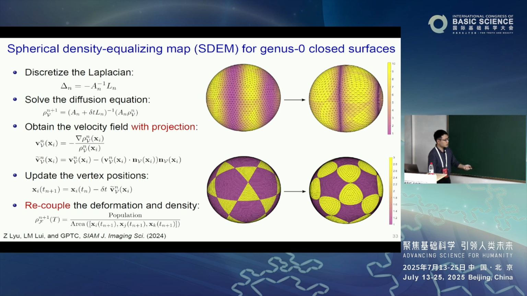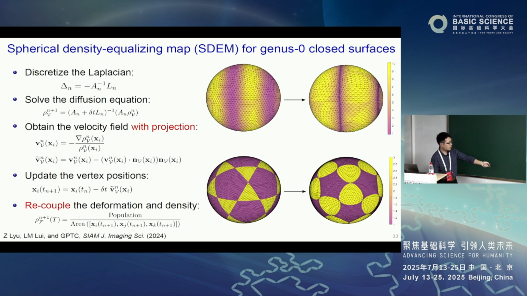And then once we update the vertex positions, one other key issue is that because of this projection step, there is some discrepancy between the density diffusion and the actual vertex deformation. So we will be adding one extra step called the recoupling step that recouples the deformation and density.